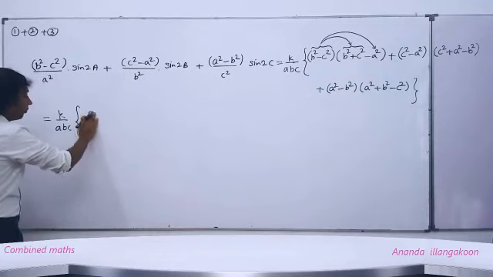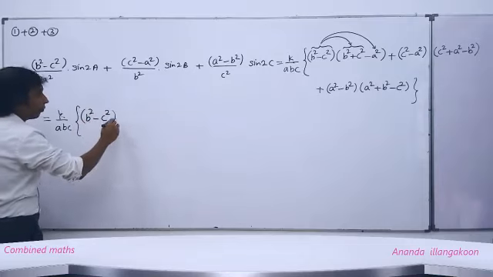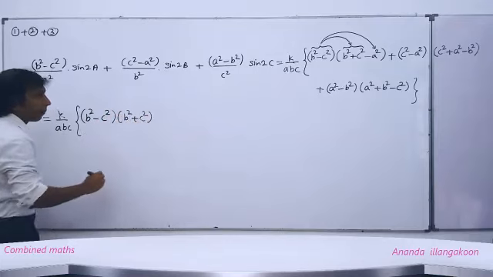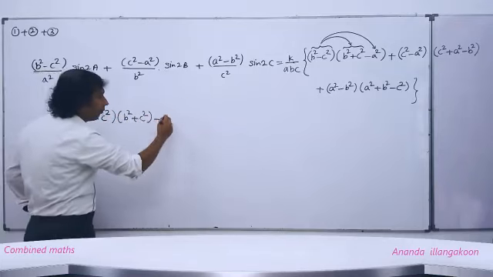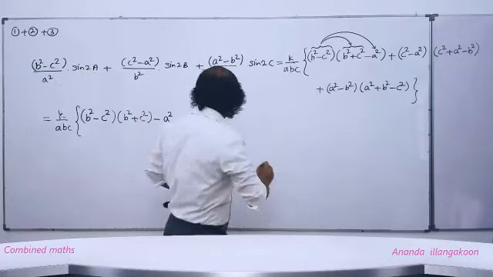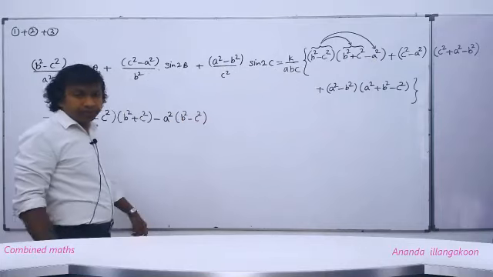b squared minus c squared times b squared plus c squared minus a squared. This multiplied by this. This is correct, no?